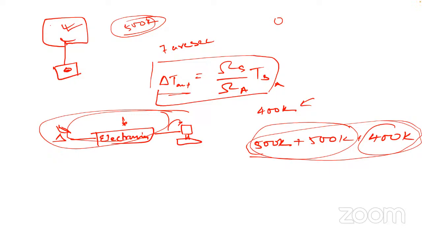See, even though the desert temperature is 50 degrees Celsius, which comes to around 300 Kelvin, the electronics are never kept at that temperature. Have you ever heard that some of the receivers are cryogenically cooled? Yes, sir.